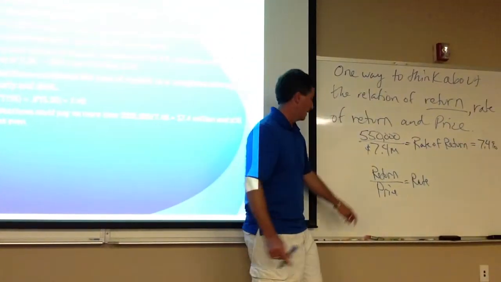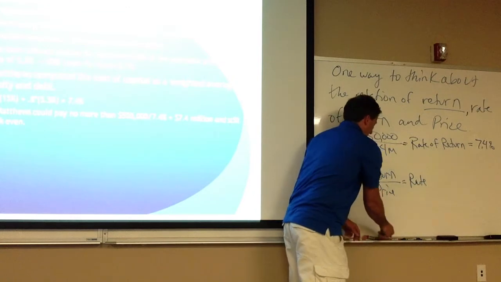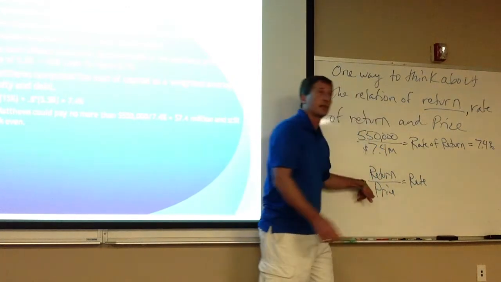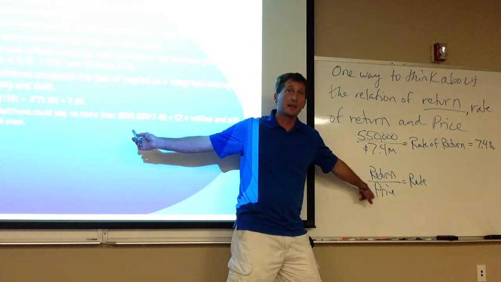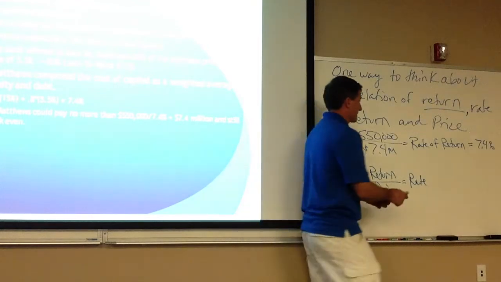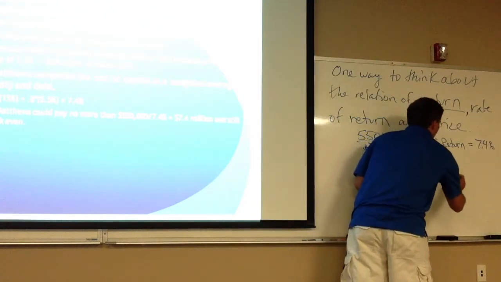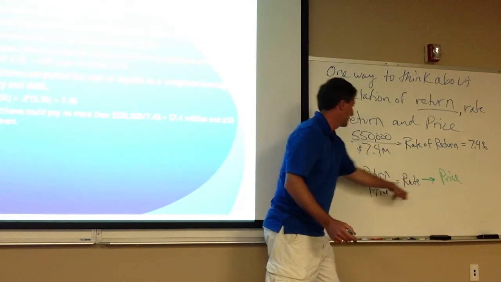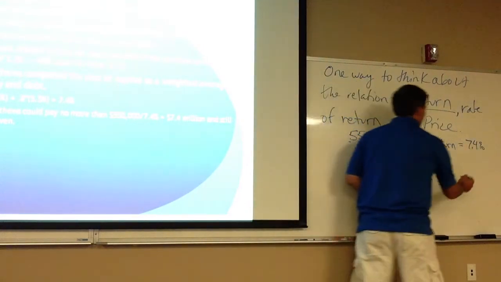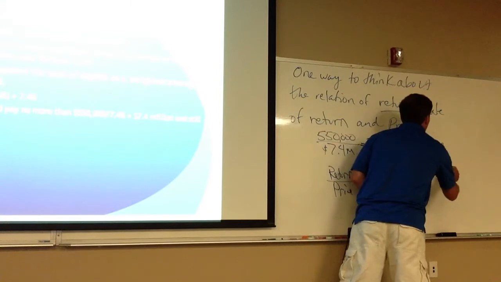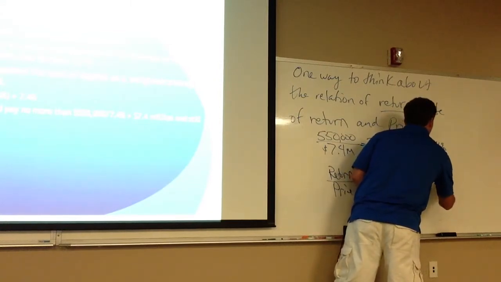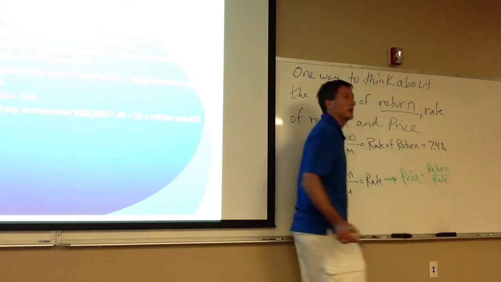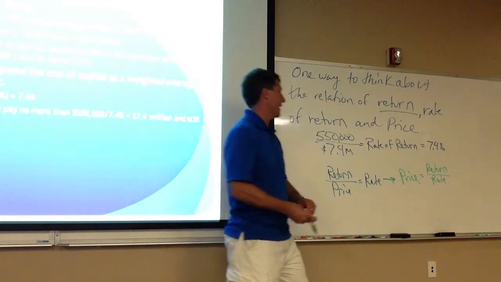I wanted to figure out how much I should offer this person for a price. I didn't know the price, so I just made it look like this. I took the price, put it over here, put the rate over here, and I took the return divided by the rate, which was the weighted average cost of capital in this case.